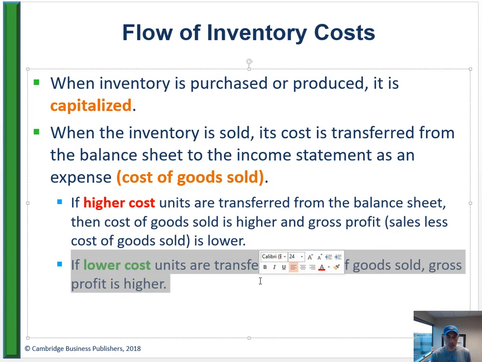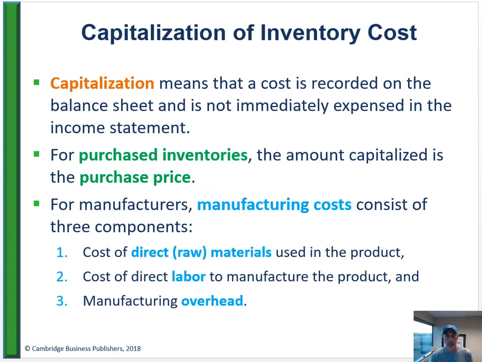Now, right here with these two bullet points, we've captured the essence of the first learning objective in Module 6. So we're going to spend the next few slides talking about how the effects of the transfer of these costs work on both the income statement and the balance sheet. But these are the two key bullet points right here for Module 6.